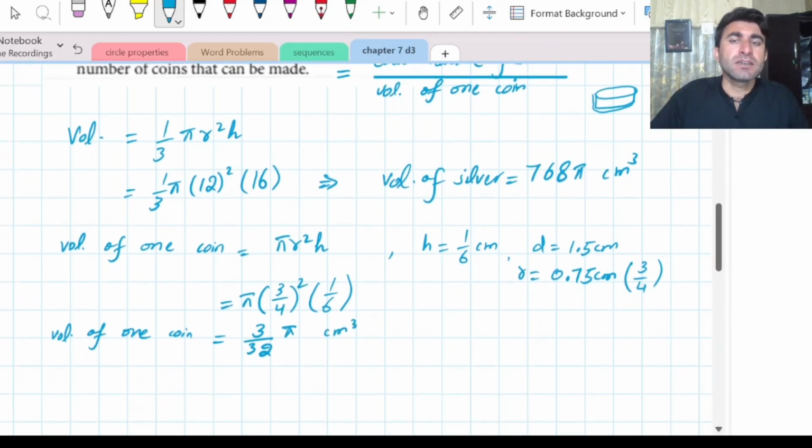Now as we need the number of coins, and we know the number of coins is the total volume of silver divided by the volume of one coin.